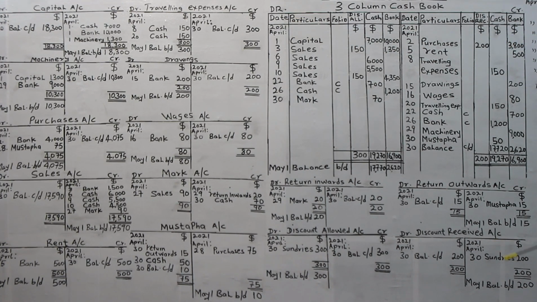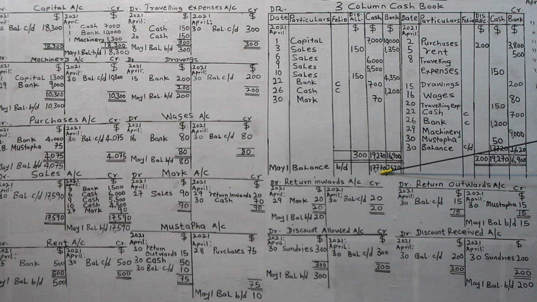Of course, it should be noted that the same figure that was used as the balance carried down under the cash column to close the credit side is the same figure that was taken to the debit side and used as the opening balance for May.